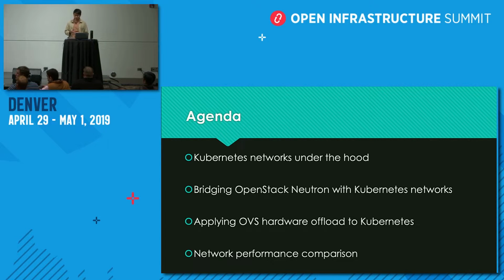So next, I will introduce one of the solutions, the Open vSwitch hardware offload, and I will also introduce how it could be easily applied to Kubernetes through OpenStack. And last, I will share some test results of networking performance by running a simple topology over Flannel host network and Open vSwitch hardware offload. So this is the content.